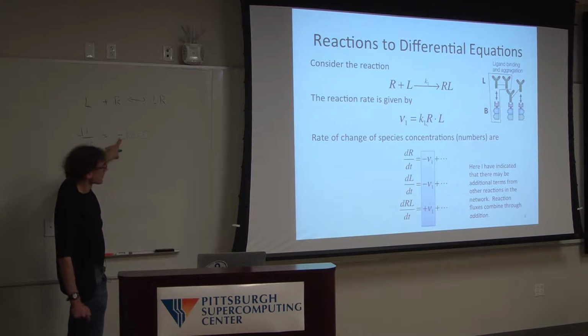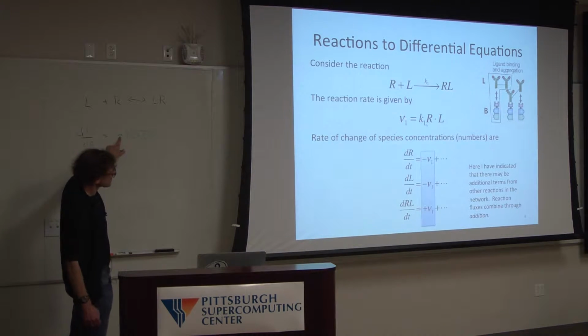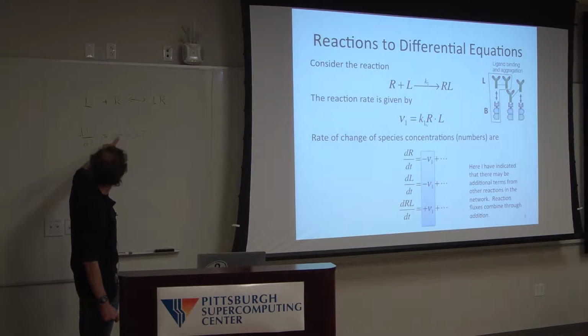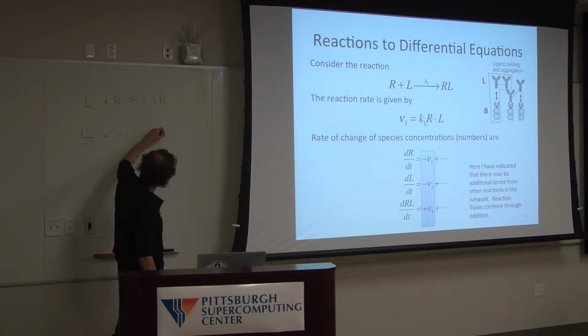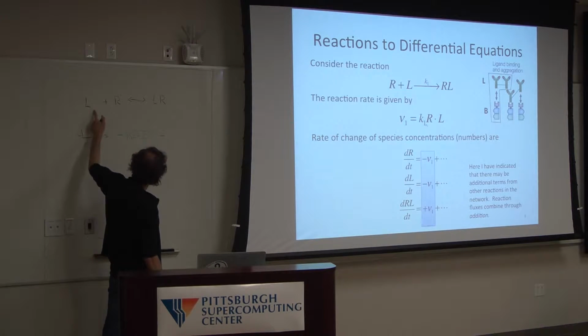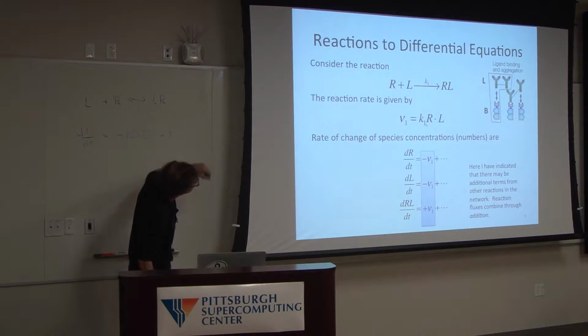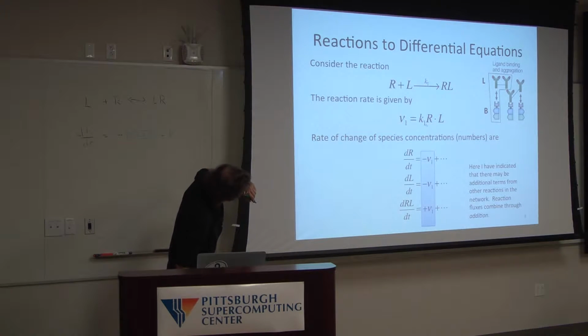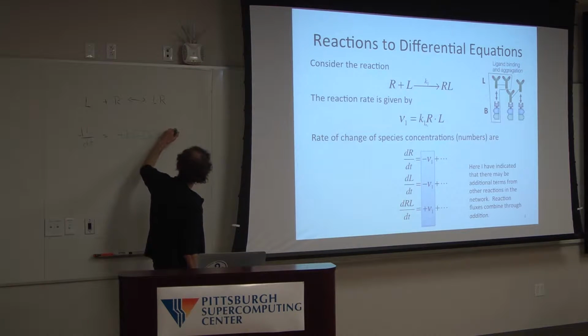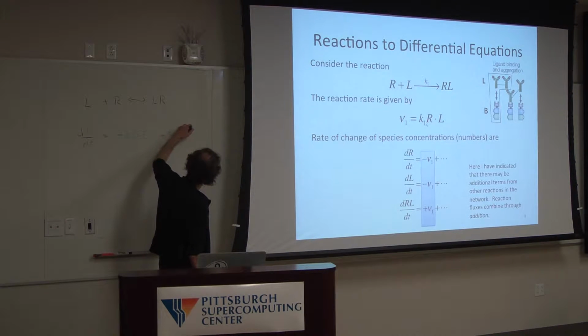And the term that comes from our stoichiometry matrix in this case is a negative one. The ligand is consumed by the firing of this reaction. And then there's a positive term that comes from the reverse, the dissociation reaction. So there's going to be a k, I'll call it k minus 1, times the concentration of LR.